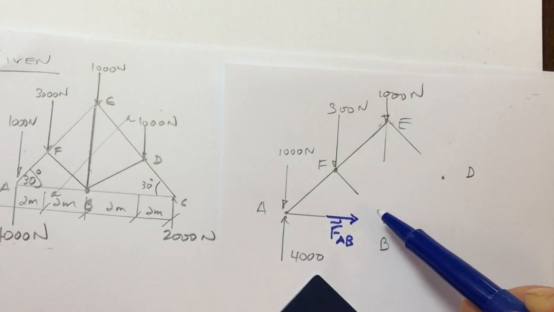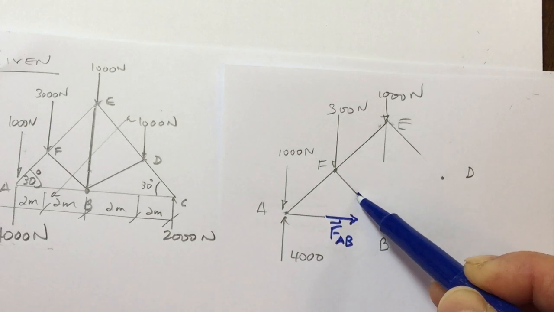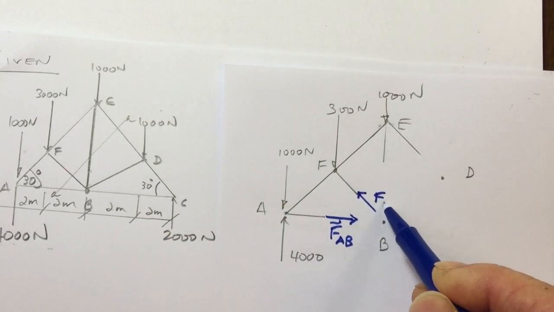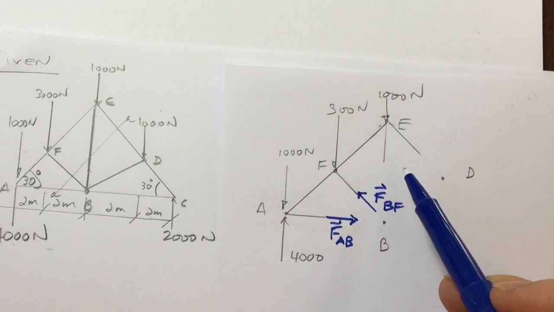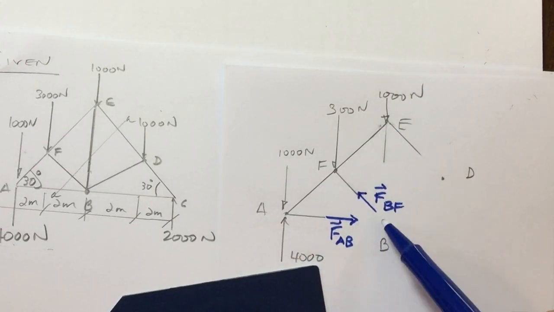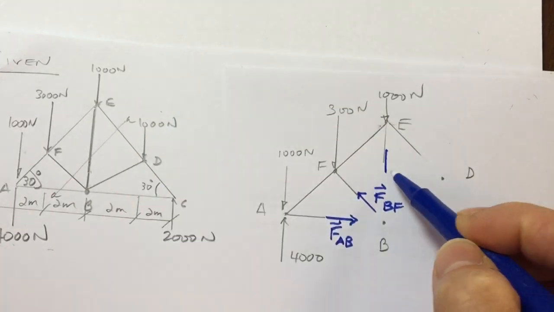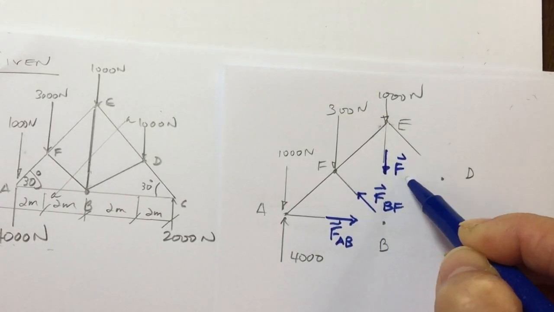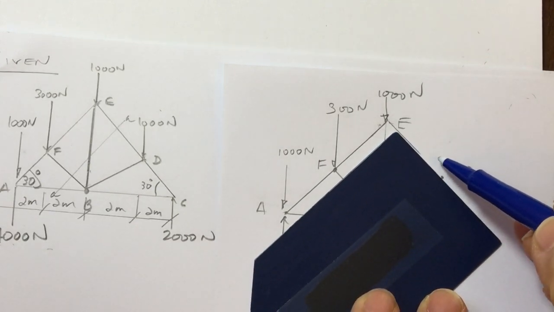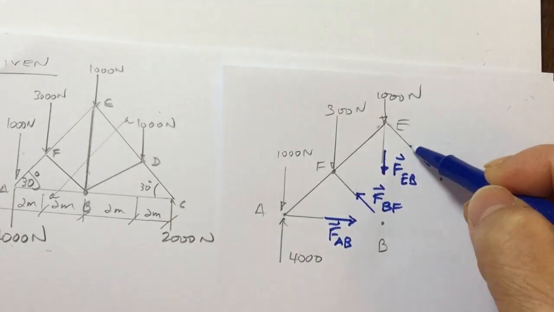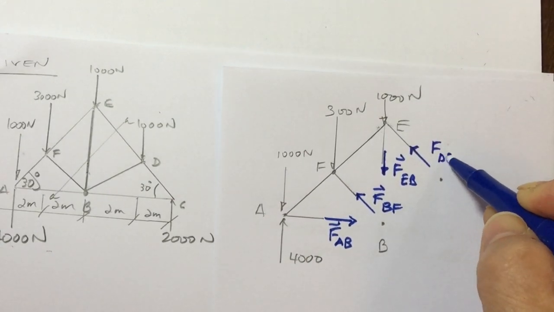I'm going to assume that member BF is in compression. So force BF, and I'm going to assume that EB is in tension. F, E, B. And I'm going to assume that member ED is in compression.